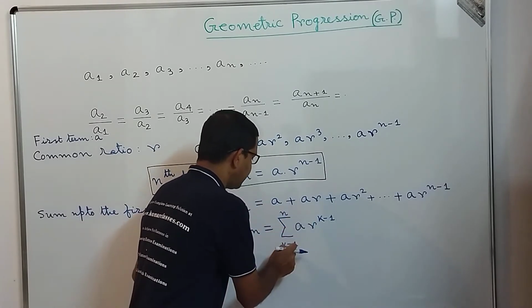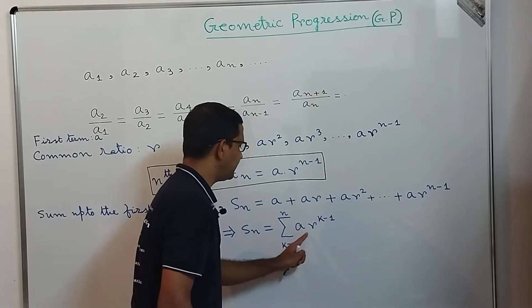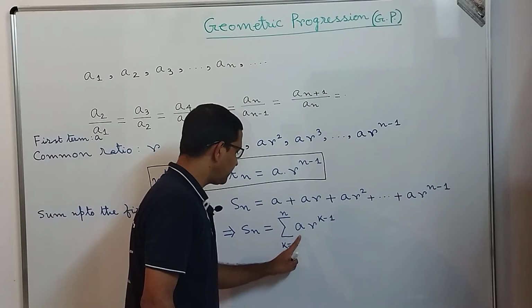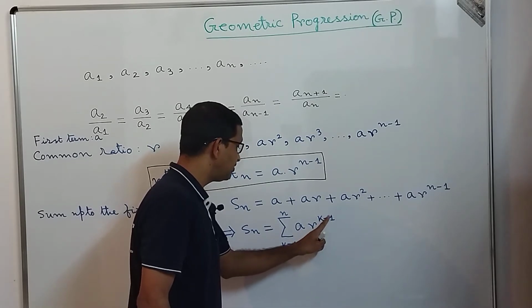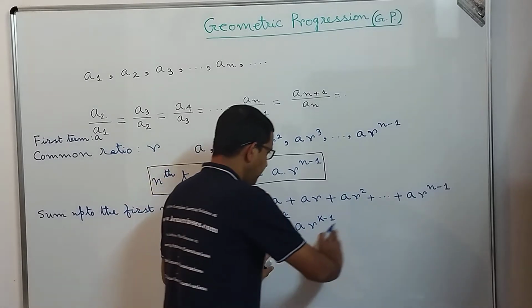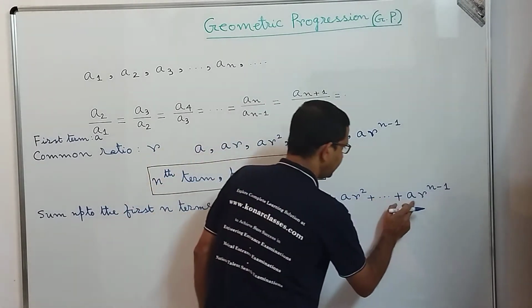Plus you apply k equal to 2, that is A into R to the power 2 minus 1, that means AR, the second term. Apply k equal to 3, we get A into R to the power 3 minus 1, that means A into R to the power 2, the third term. In that way, the last one is k equal to n, and we get A into R to the power n minus 1.